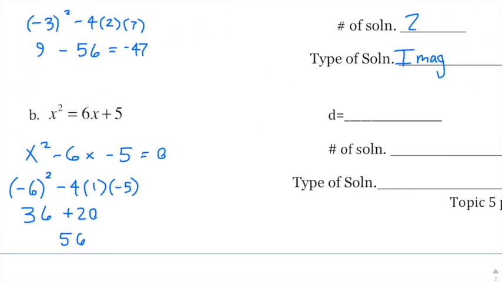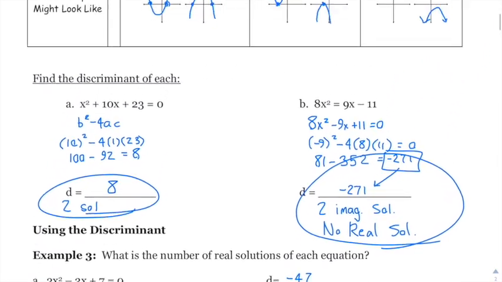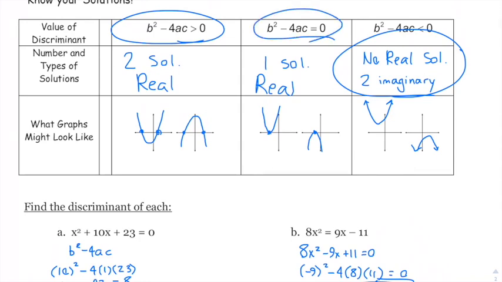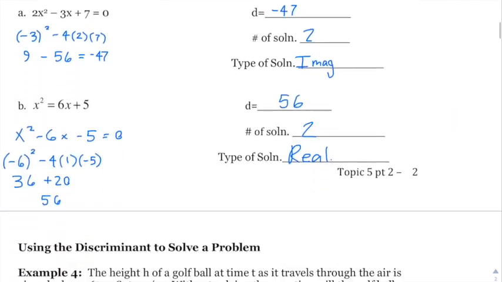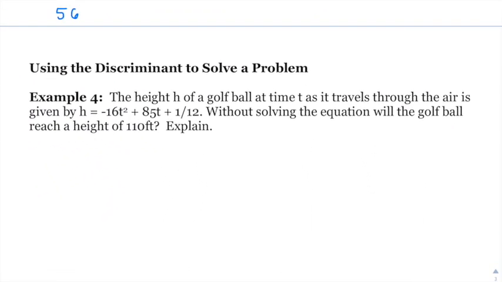That's positive, so that means there will be 2 solutions that are real. With these examples, we didn't see one where you actually got equal to 0. Whenever you see that, if the b squared minus 4ac cancel out and you get 0, then you're going to say that is 1 real solution. So just be on the lookout for that. I know that didn't happen here, but that is that.